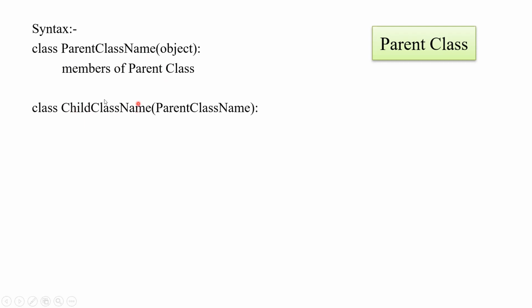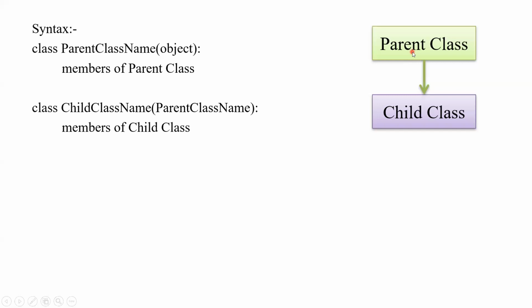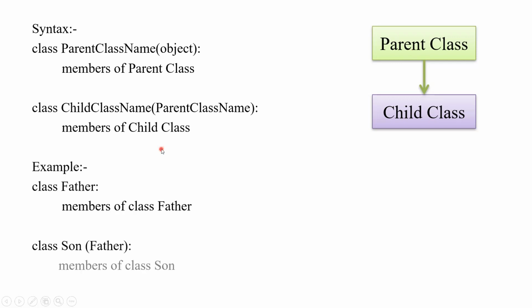To inherit the properties of the parent, the child class requires the parent class name. The members of that child class are methods and attributes. Like this father is the parent class and this is the child class. You can see the examples, and this is an explanation.